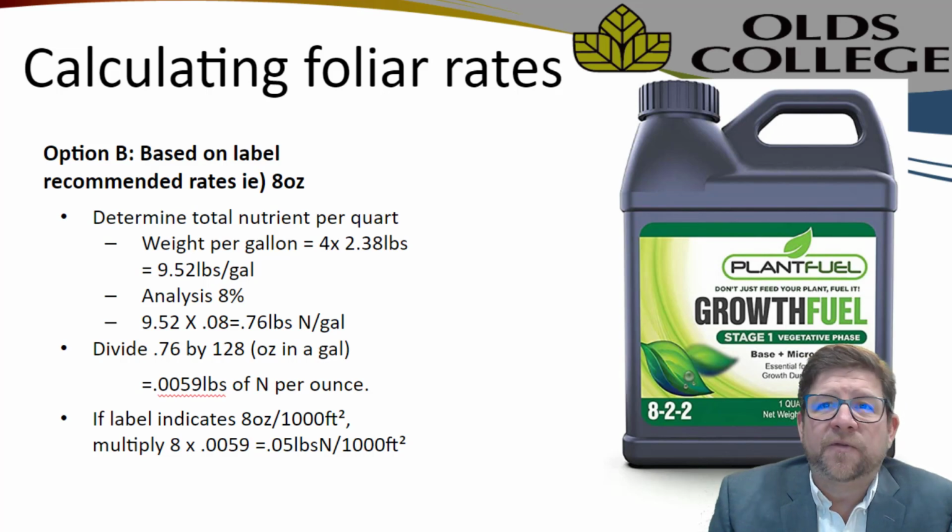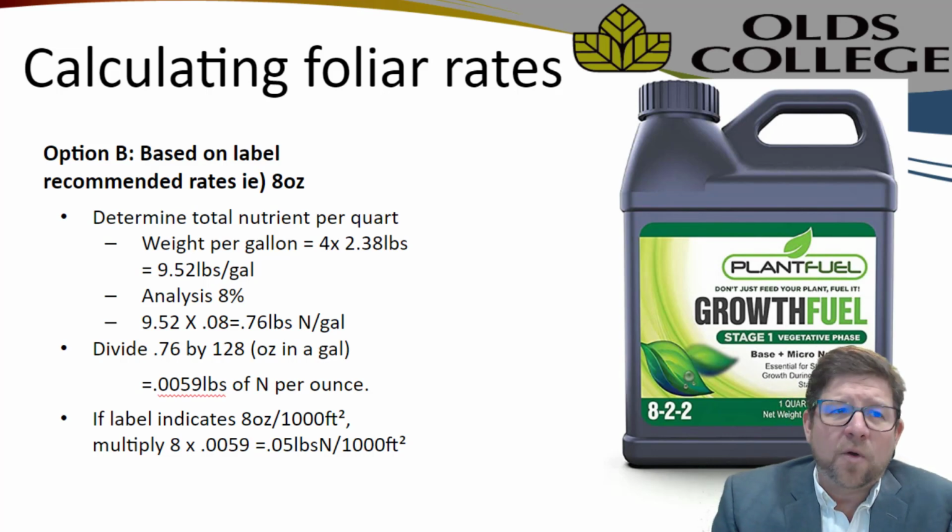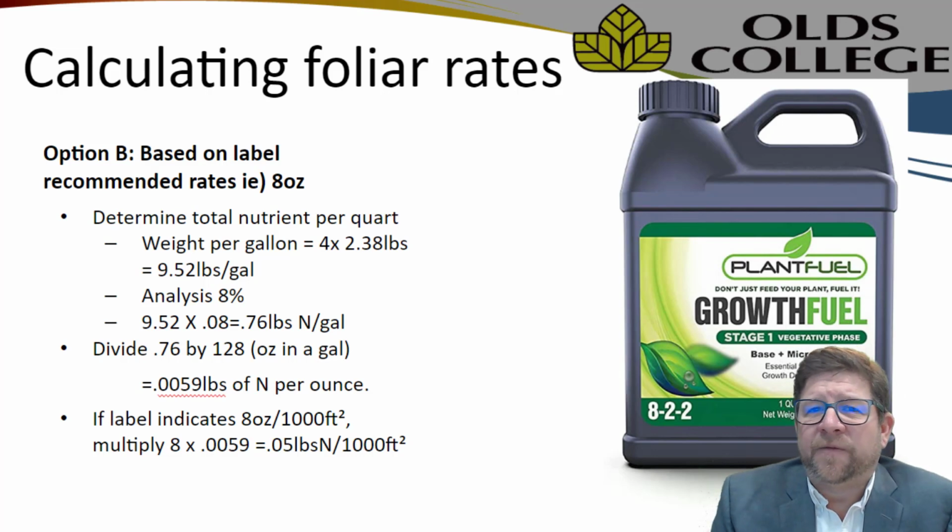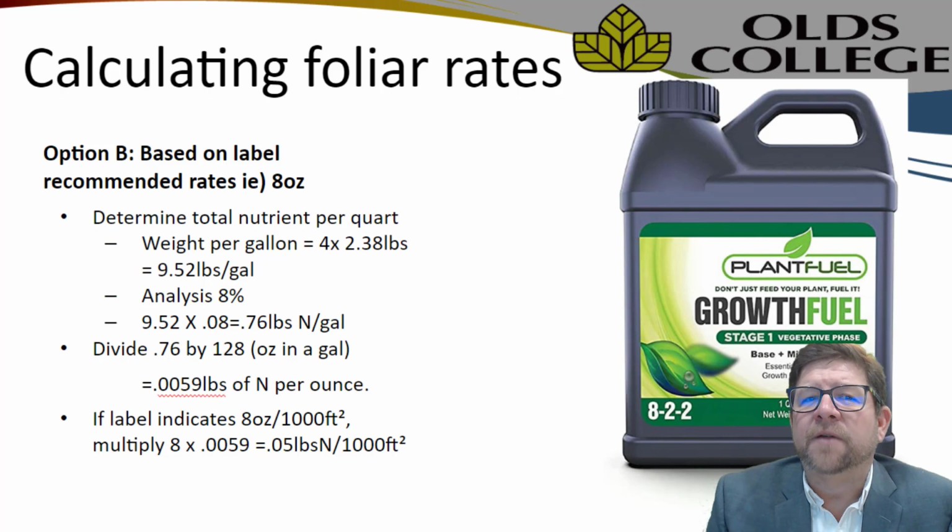They're following label rates, fair enough, but when asked how much nitrogen did you just put down, many aren't really that aware. So I would hope that everybody takes a professional approach to all this and looks at those application rates to really make sure you know how much you're treating. This is just the other option. If you're basing your application on recommended label rates, make sure you know what your rate of nitrogen is.